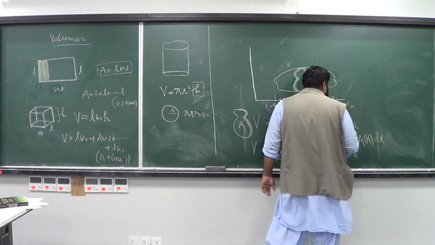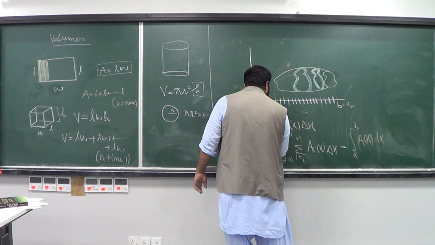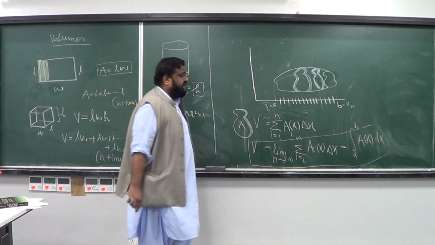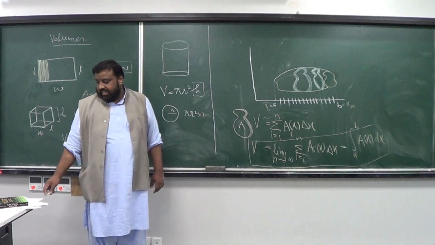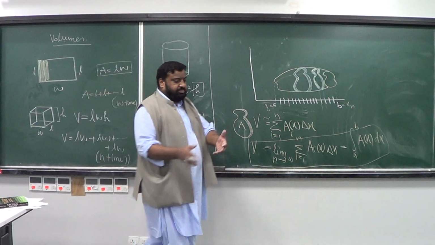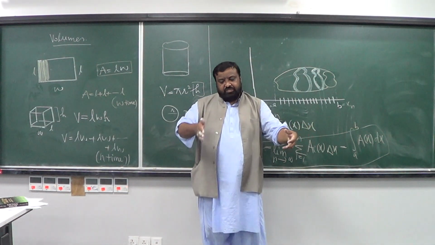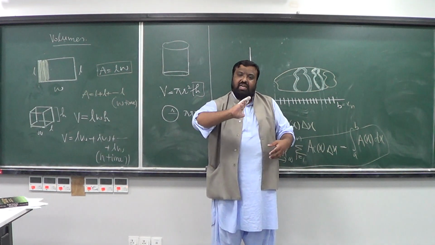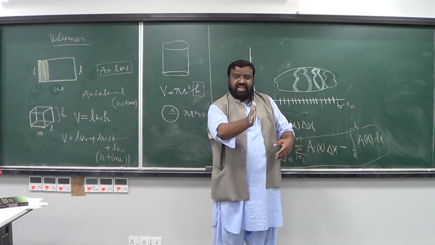So that's the formula that we're going to use now to compute the volume of any given cylinder or any given picture. The method is going to be: we take that picture and slice it. By slicing, I'm going to get an area.